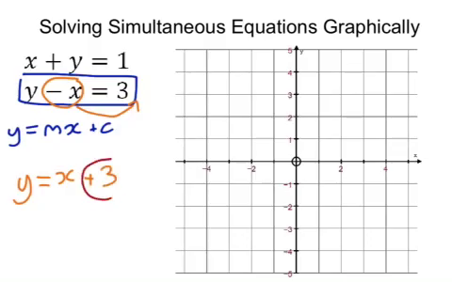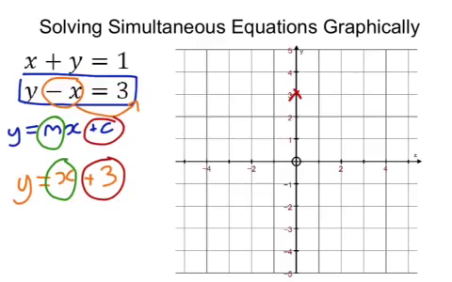Now the plus 3 is the c, that tells us the y-intercept. So it's going to go through this point here on the y-axis at 3, and the m is the gradient or the slope of the line.